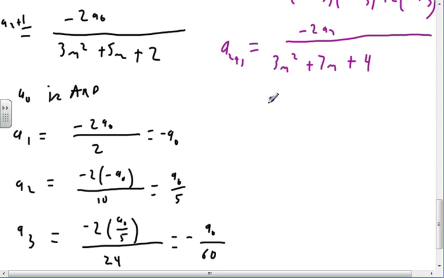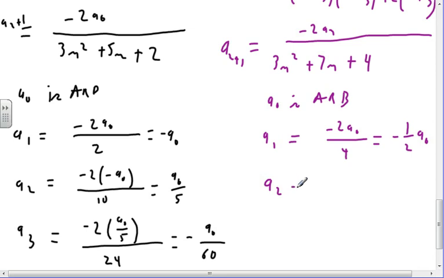Okay, on the other side, a0 is arbitrary. a1 is minus 2a0 divided by 4, minus 1/2 a0. a2 is minus 2 times minus 1/4, 1/2 a0 divided by 14.